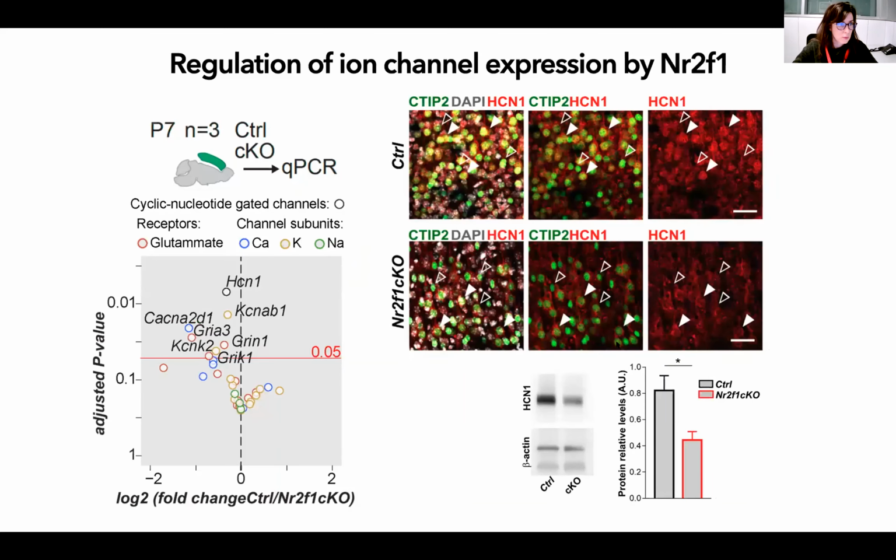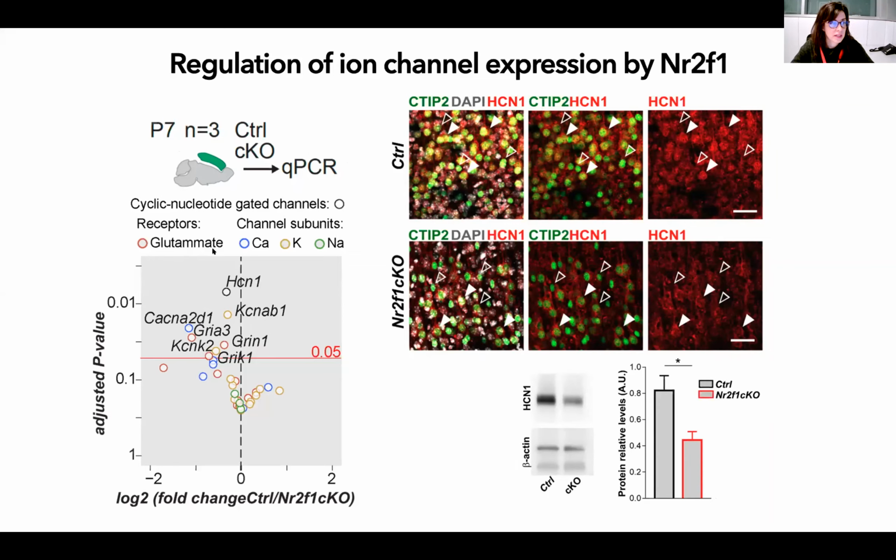So, what would be the molecular underpinnings of this abnormal cortical excitability in an abnormally patterned cortex? To answer this question, we performed a qPCR from P7 cortices for 33 candidate ion channels for calcium, potassium, sodium, and glutamate receptors.